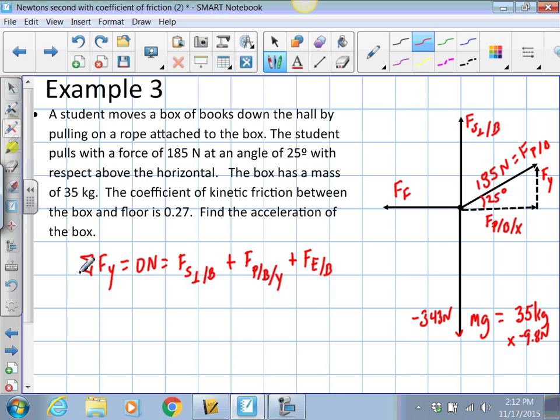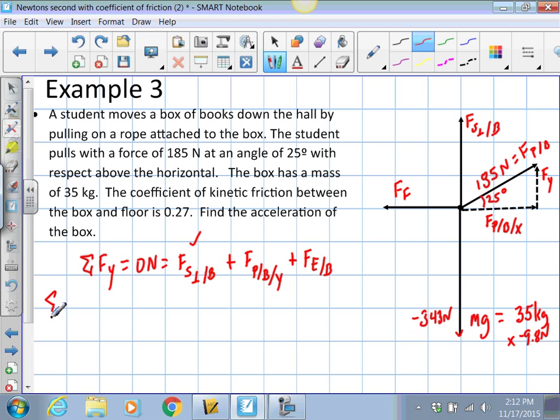Why do we need to go through summing this, you think? Well, what is it that we're trying to find? We're trying to find the acceleration, and we've got a coefficient of friction here. We are going to need to know something about this friction force eventually. So we're actually going to solve for this force, which we don't know. Okay, we know this one, and we know this one, and we can get this one.